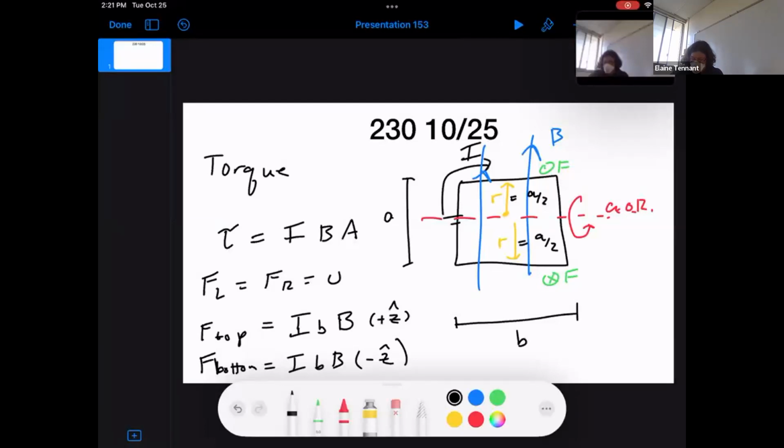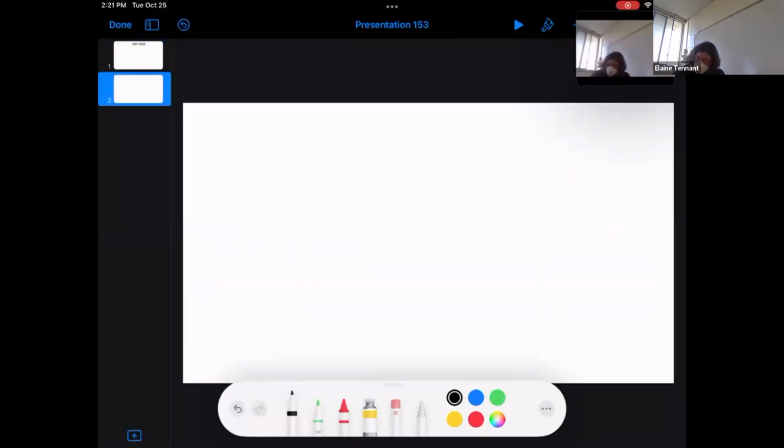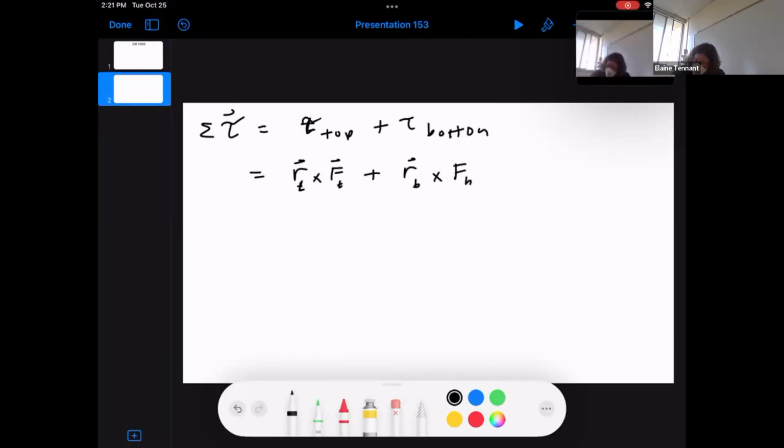Sound good? I'm doing kind of a quick version here, but we had the net torque equals the torque on the top plus the torque on the bottom, which was R cross F top. I'm going to say R top cross F top plus R bottom cross F bottom. Did we do a right-hand rule, or did we just say we knew it? We just said we knew it.